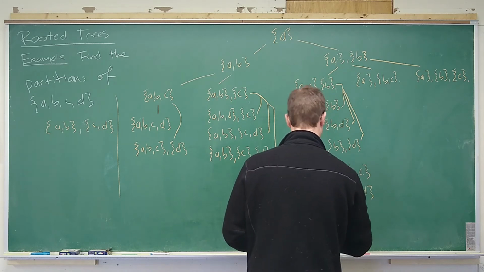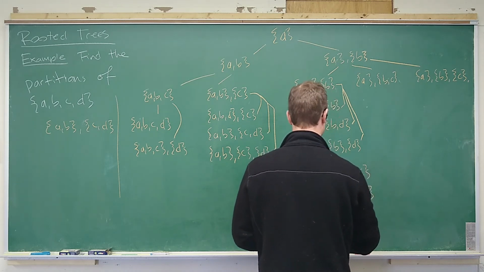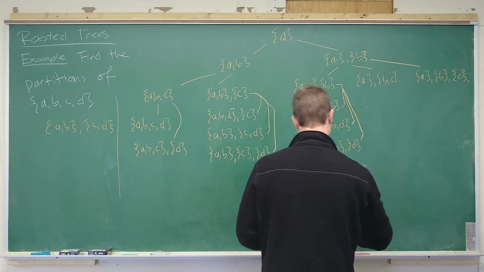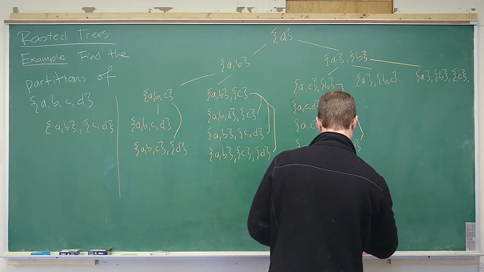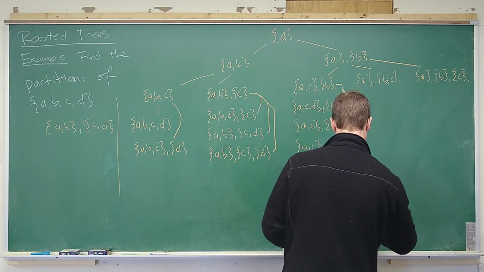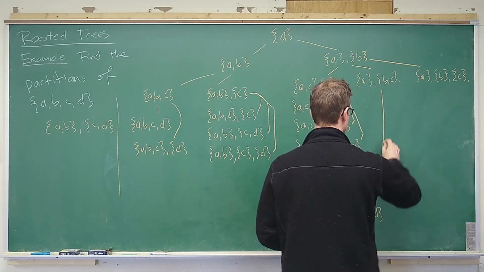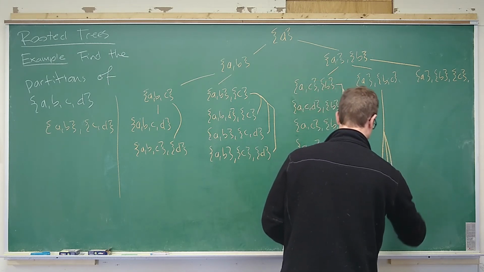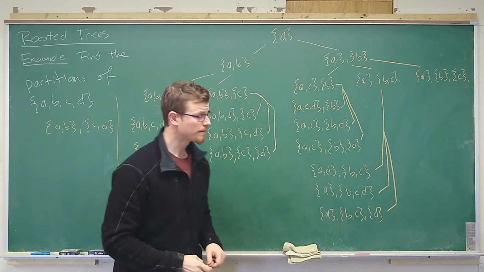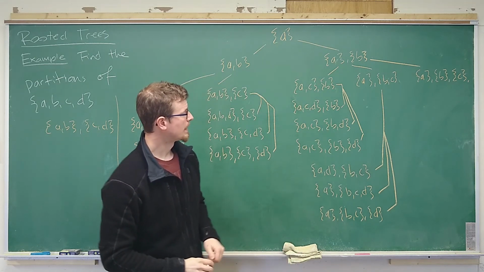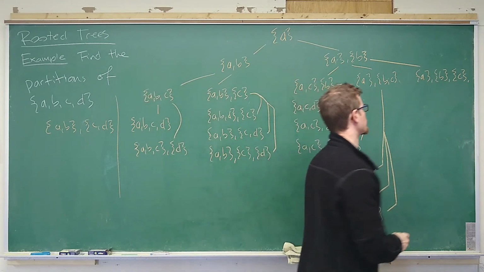And then finally {A} with {B, C} and {D}. So this set gives me these three, and then finally I get four from here.